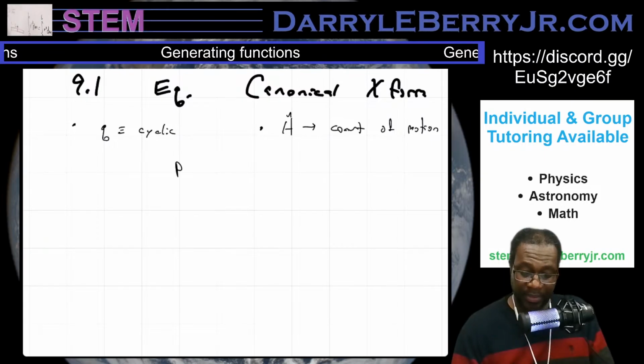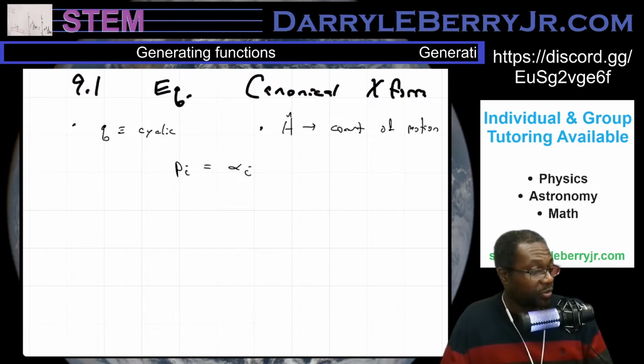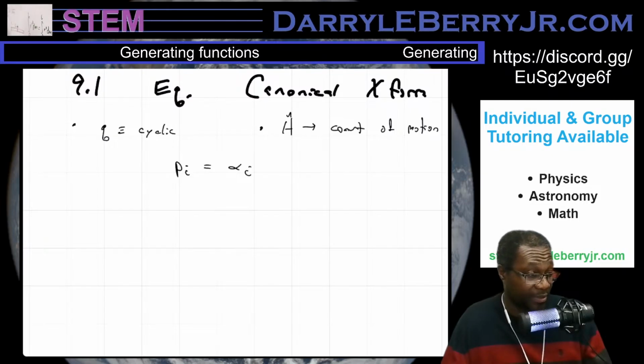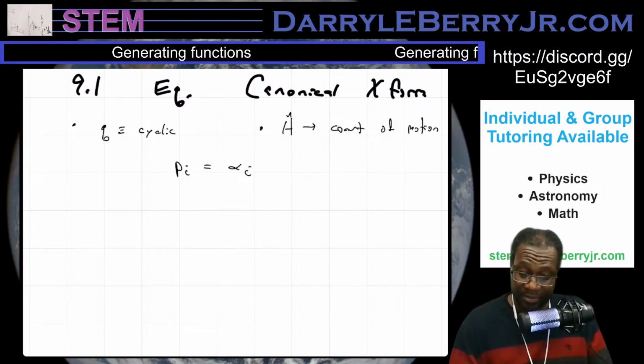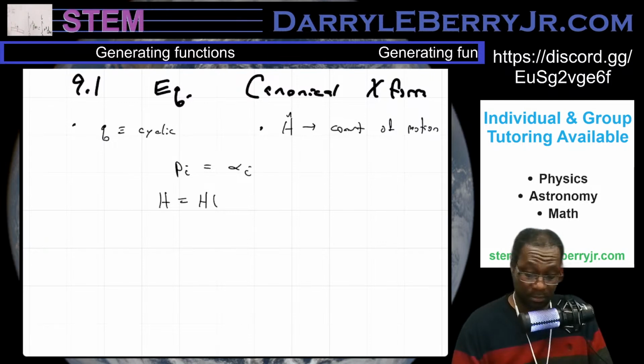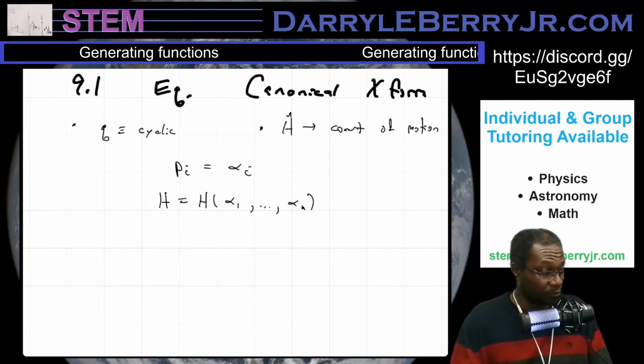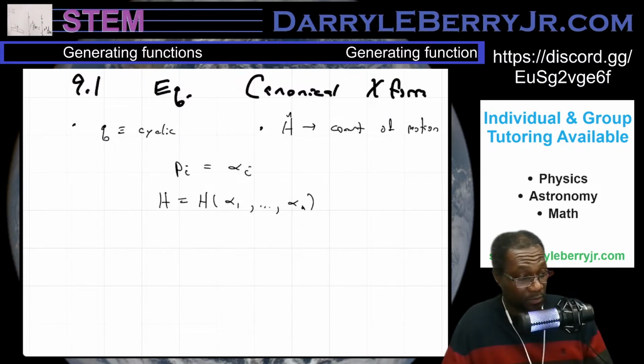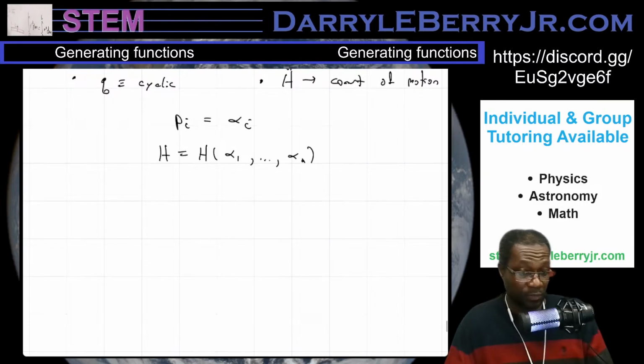And thus we have Pi equals alpha. And since the Hamiltonian cannot be an explicit function of either time or the cyclic coordinates, it can be written as a function of the alphas. Hamilton's equations for Qi are simply interesting.